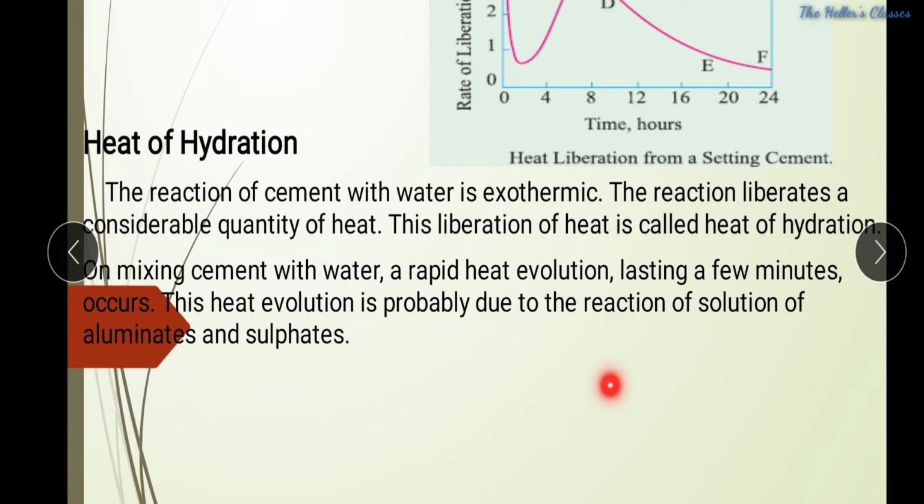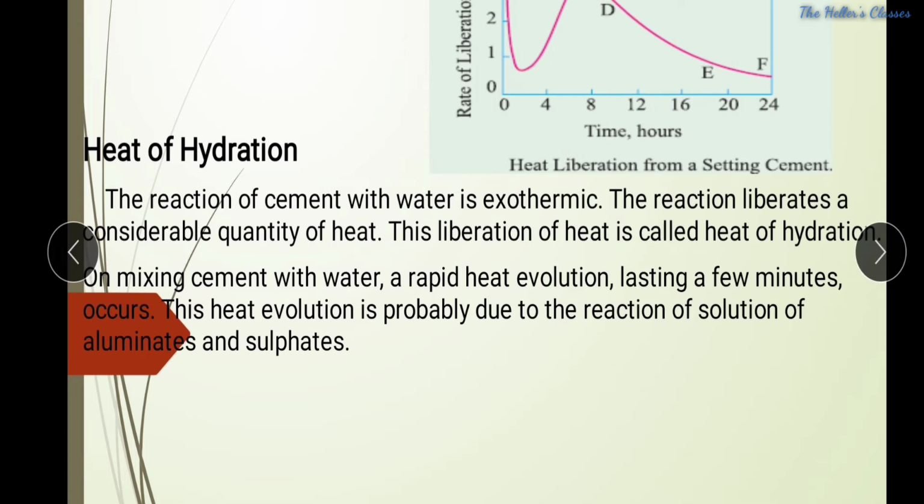On mixing cement with water, a rapid heat evolution lasting a few minutes occurs. This heat evolution is probably due to the reaction of aluminates and sulfates in solution. So because of the aluminates and sulfates, the heat released is greater when their content is higher.